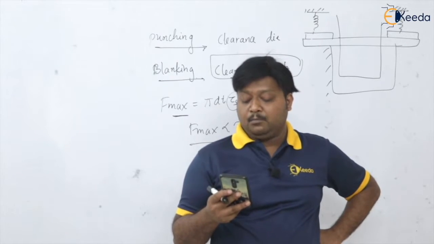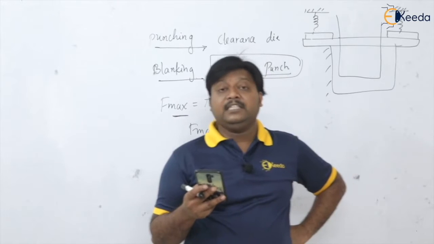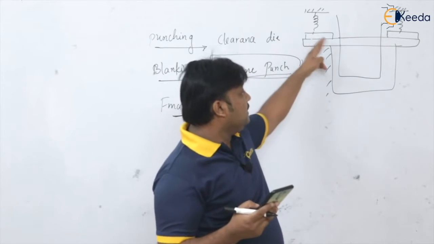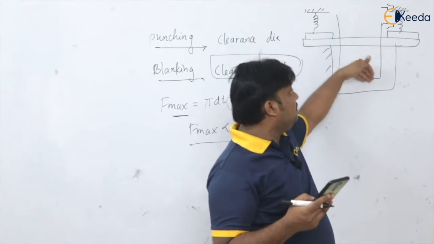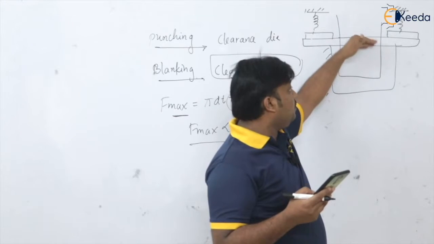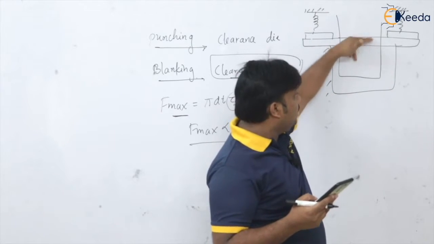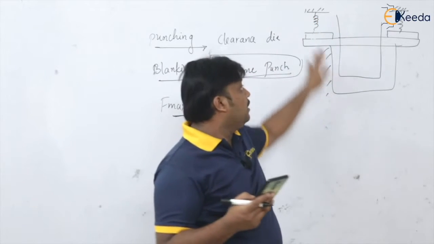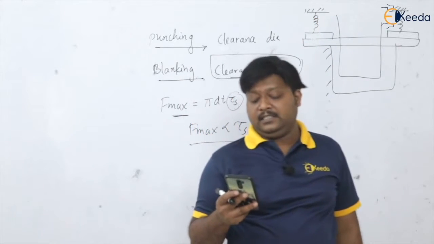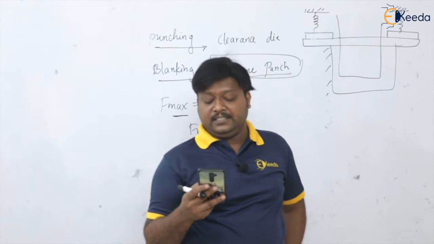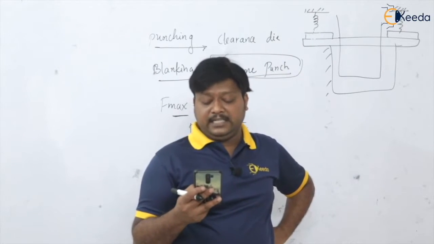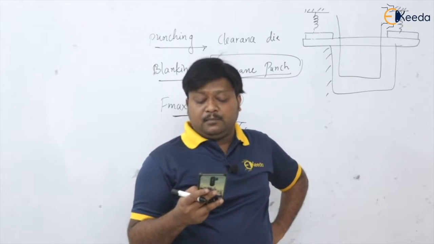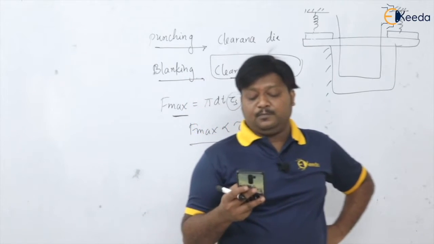No. Punch is completely withdrawn from the stock. Yes, unless and until the punch is completely withdrawn from the die, or separated from the produced cup, this stripper force is acting on the stock. So definitely option D is correct, that is punch is completely withdrawn from the stock.